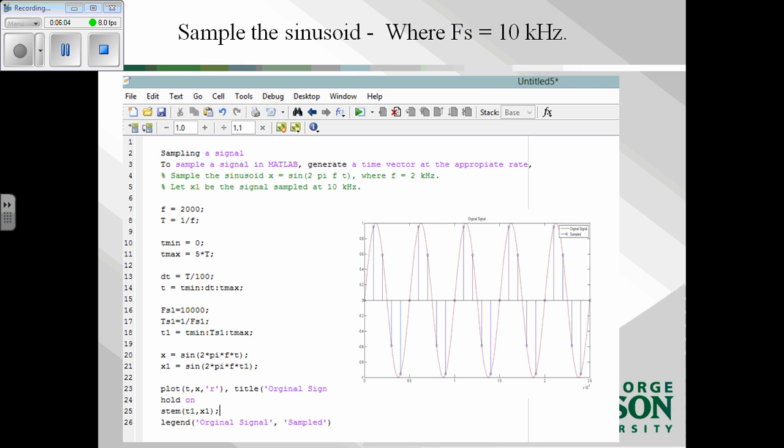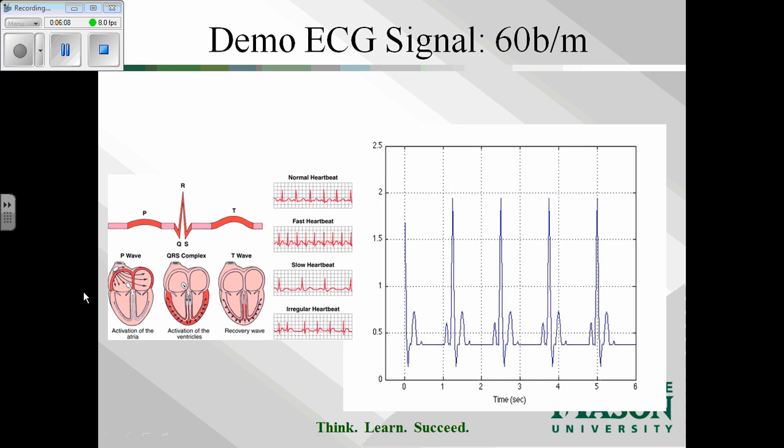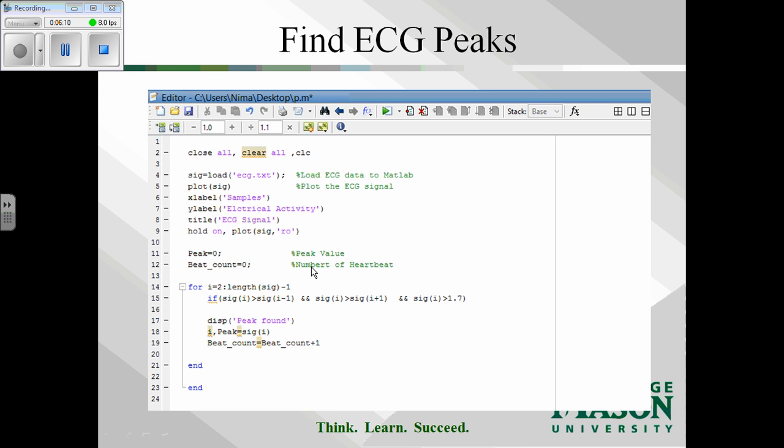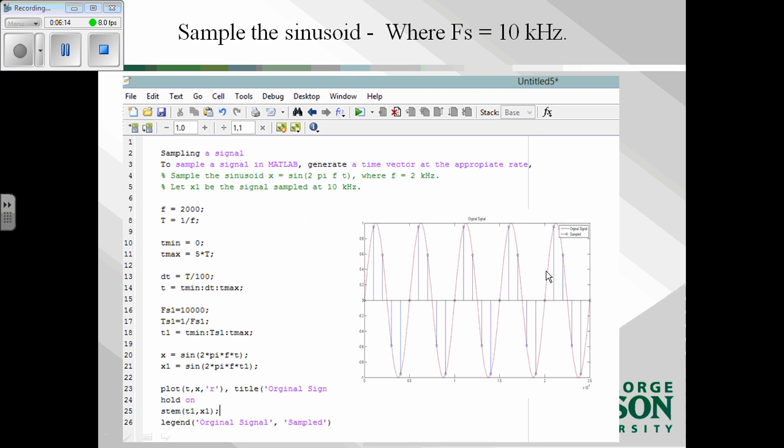Then we sample our curve. When we're sampling, we start with our sine curve that we just generated, right? It goes above and below. This is our original sine curve. But now we say we're doing a frequency of sampling, fs1, and here we're doing 10,000.